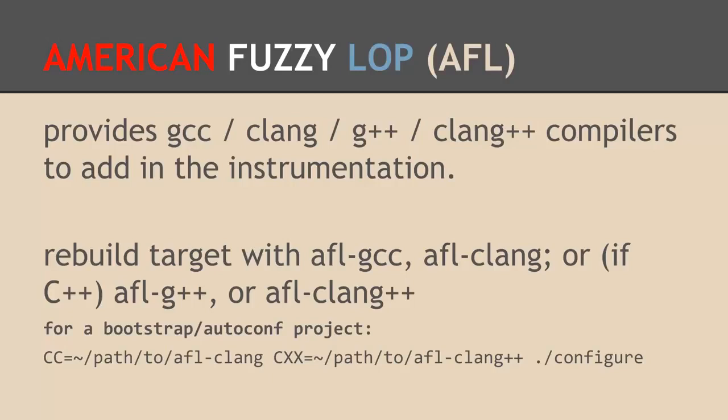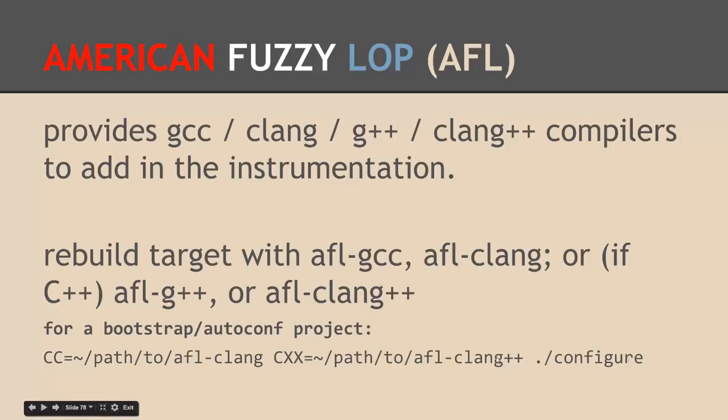The way you would do that would be to rebuild the library or the target binary with the AFL compiler, and if it has an autoreconf or autoconf and automake process, and there's a ./configure stage, the way to easily do that is at the environment.